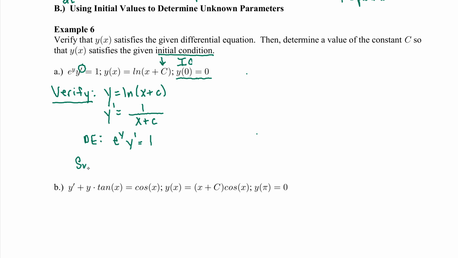Now we want to substitute y and y prime into our given differential equation. So I'm going to replace y with natural log of x plus c, and I'm going to replace y prime with 1 over x plus c. We're going to find out, is this equal to 1?